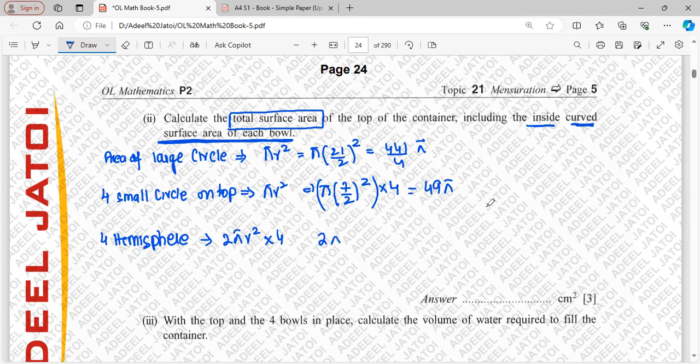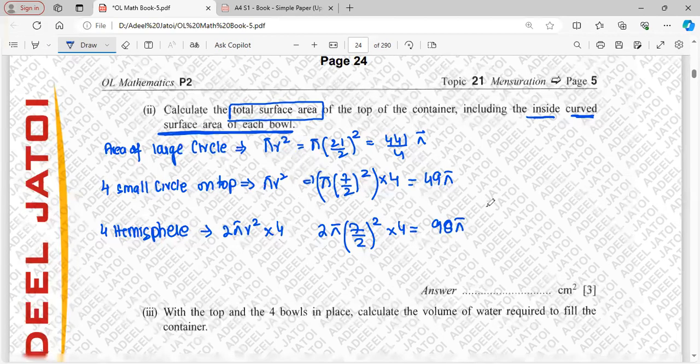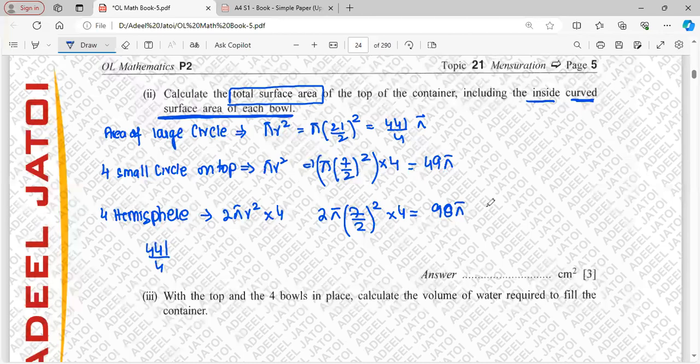This will be 2 pi, 7 upon 2 square, multiplied by 4. We'll end up having 98 pi. So what do we have? 441 upon 4 pi minus 49 pi plus 98 pi.